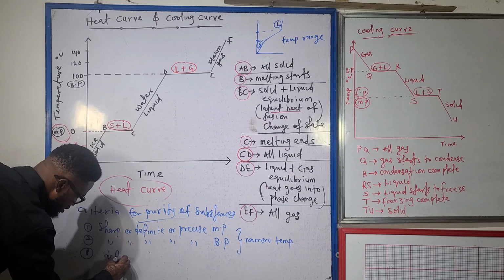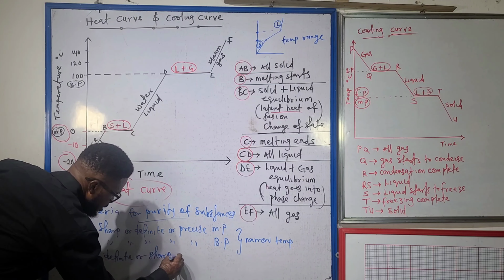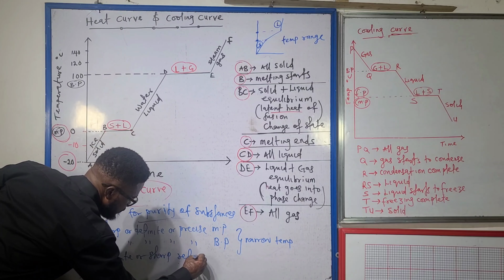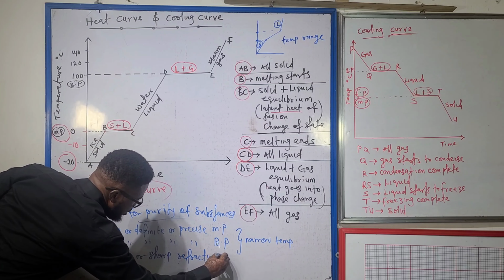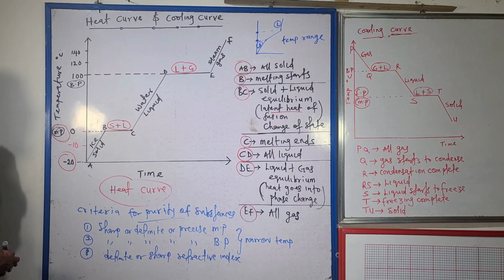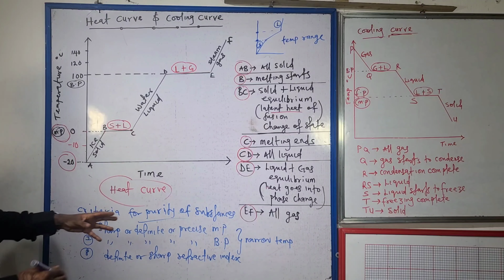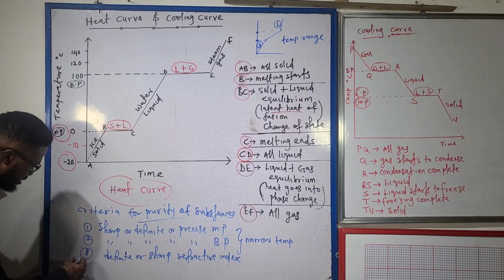Other criteria for purity of a substance are a definite or sharp refractive index, which is consistent with the standard refractive index of the pure substance.